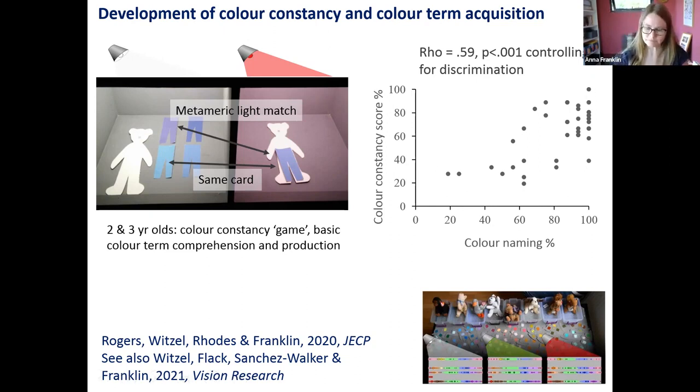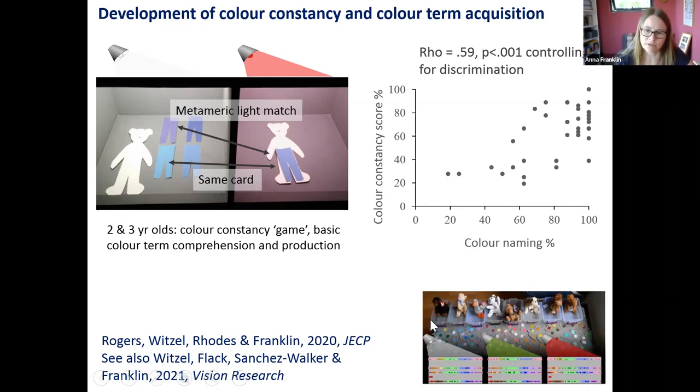So it could be that learning the words for colour helps you keep colour perceptually constant because you've got an anchor, you've got a stable referent. It could also be that being more colour constant helps you learn the words for colour, because you've got more constant surfaces, so there's less changing all the time, so it enables you to just have a more stable surface to map the term onto.